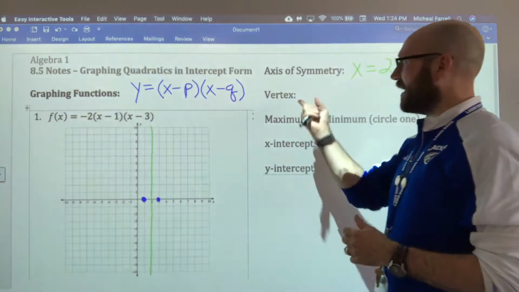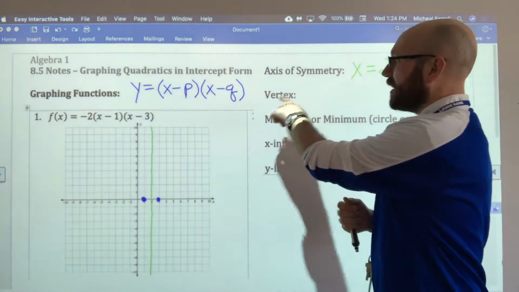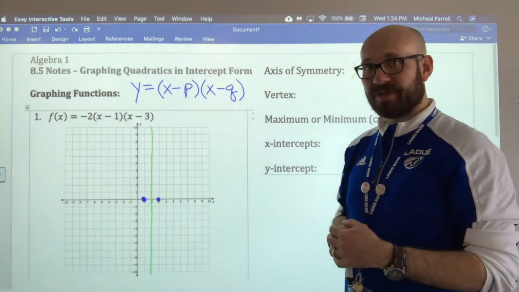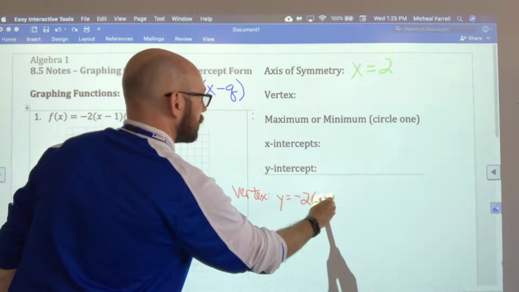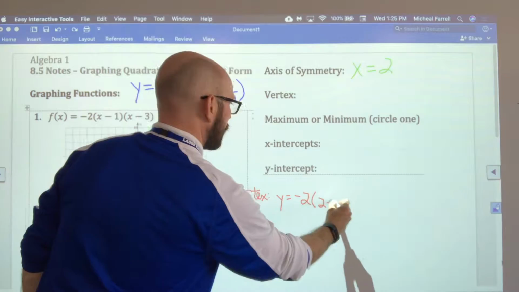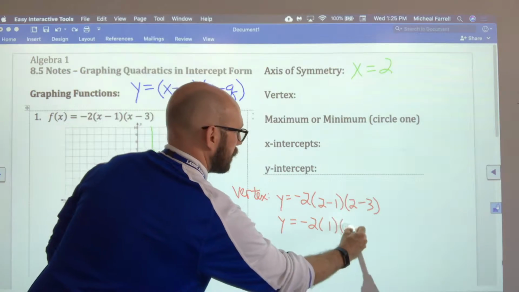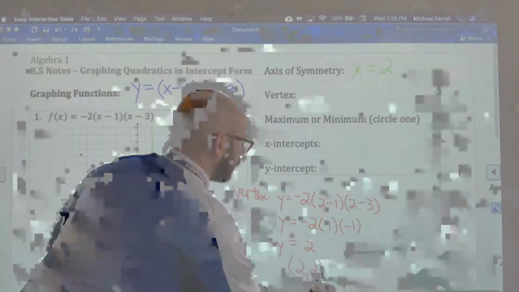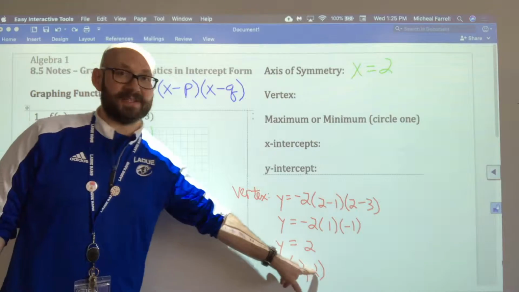Next thing we can do is find the vertex. Now we already know the x value of the vertex. It's always on the axis of symmetry. So we're going to take that x value and plug it into our equation. So it looks like I found out that after plugging in 2 for x, the axis of symmetry, I get a vertex located at 2, 2.